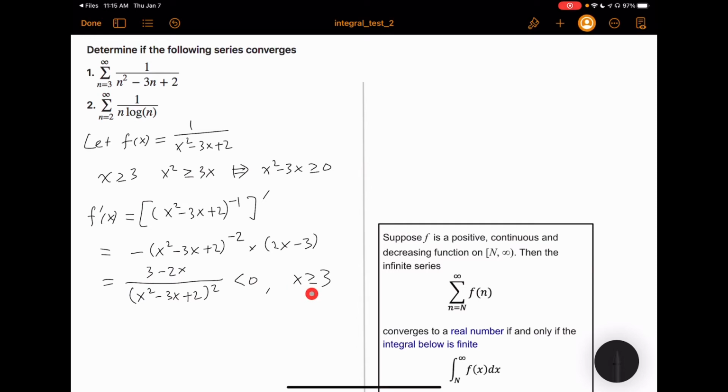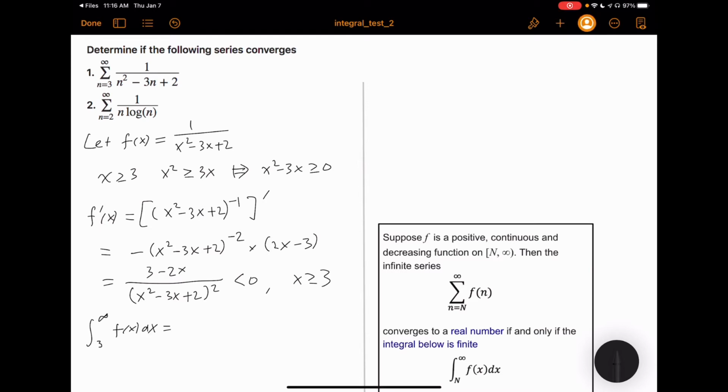So now we can see that all the three conditions are met. So we just need to look at the integral to see whether the series converges or not. So the integral from x equals 3 to infinity of f(x) dx.